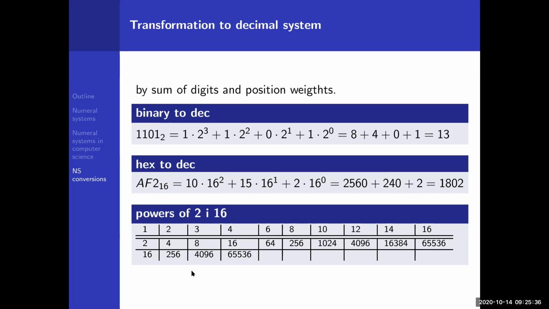I suggest you know the first powers of 2, up to 10, I think it's worth knowing. You don't need to remember what is 2 to power 16 or 16 to power, let's say, 4, but okay, you can.